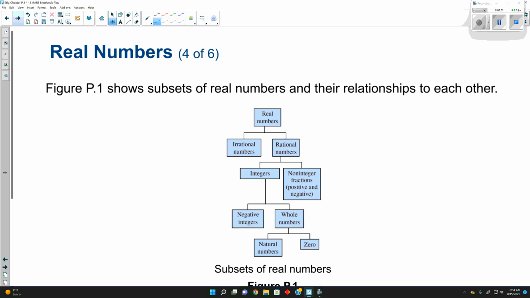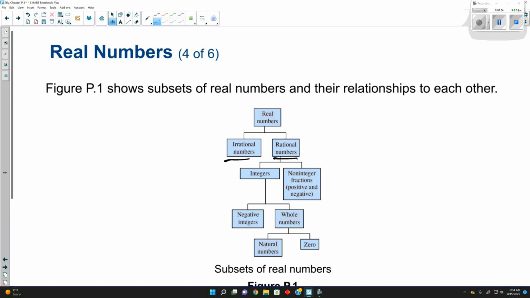And this is one way that we can look at it. When we looked at this in Algebra 2 at the beginning of the year, I used boxes, a box and a box and a box. Because what we're saying is the real number is all of these here. All of these are considered real numbers. But the real numbers are broken into two groups. We have the irrational and rational numbers. Numbers we can't write as fractions and ones that we can.